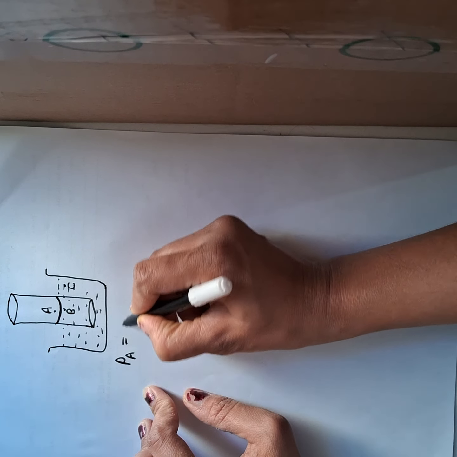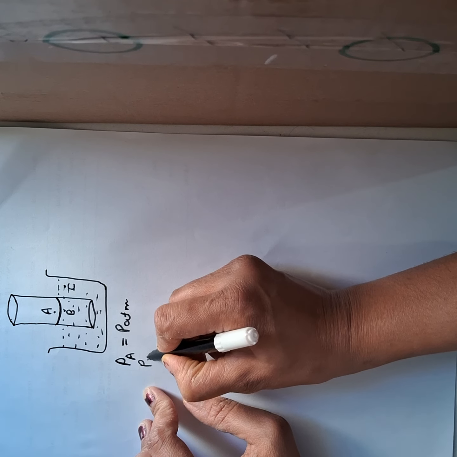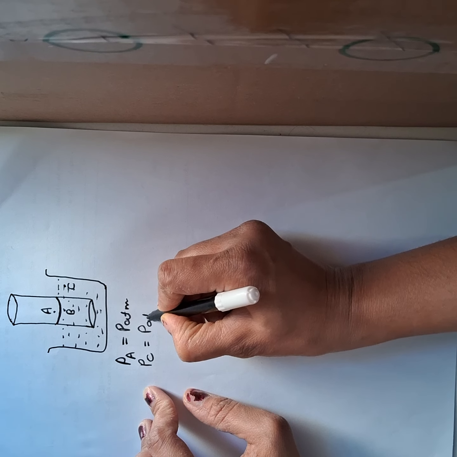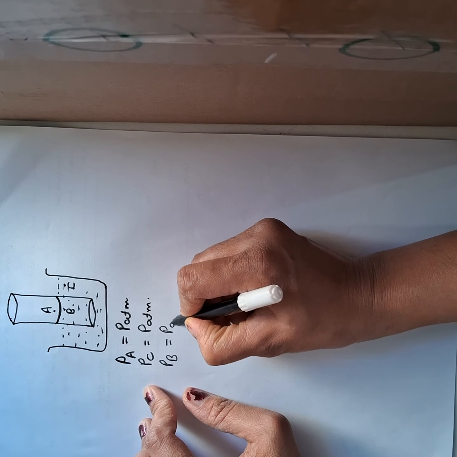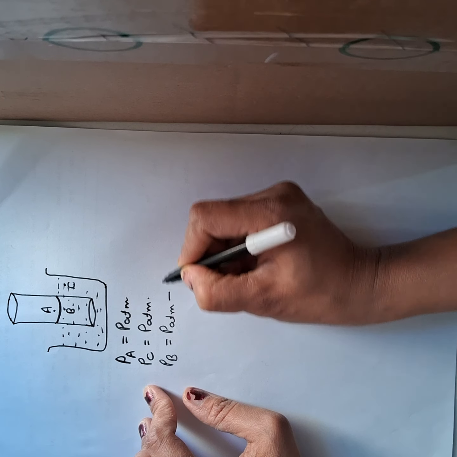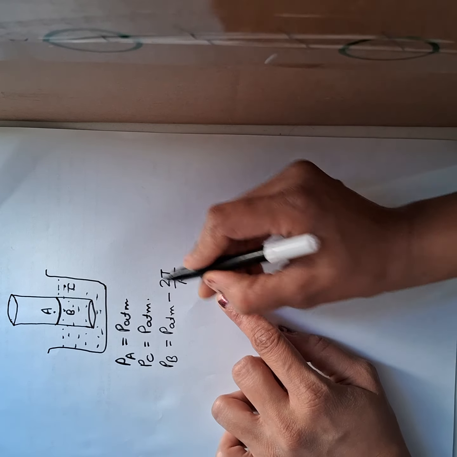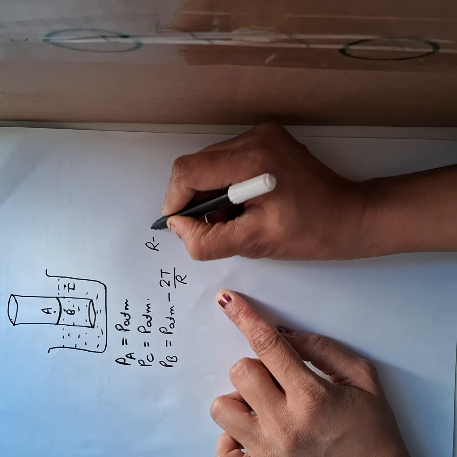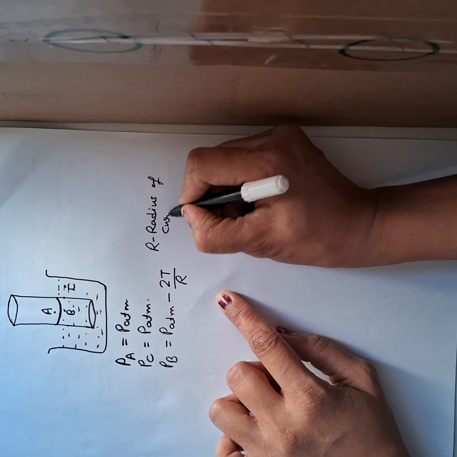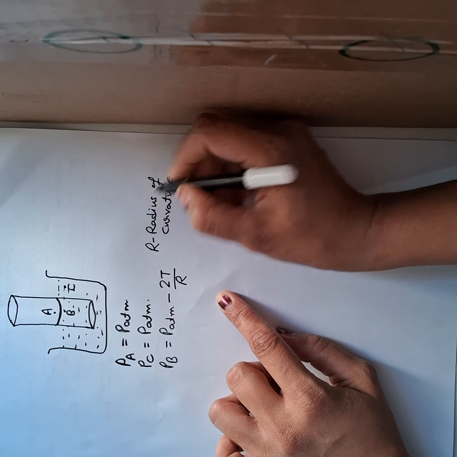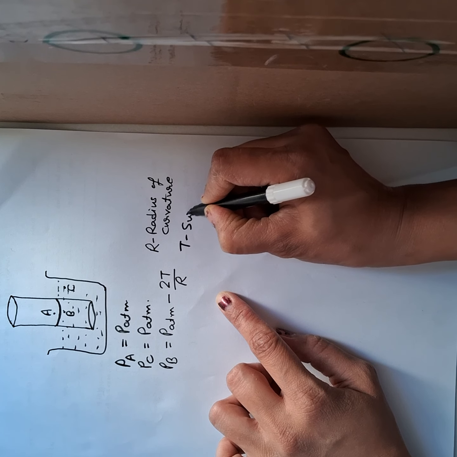Pressure at point A is P atmosphere. Pressure at point C is P atmosphere, but pressure at point B is lesser: P atmosphere minus 2T by R. What is R? R is the radius of curvature of this meniscus formed here. And what is T? Surface tension.